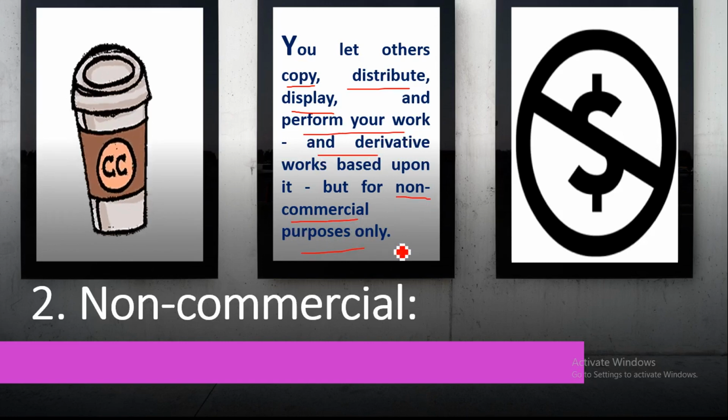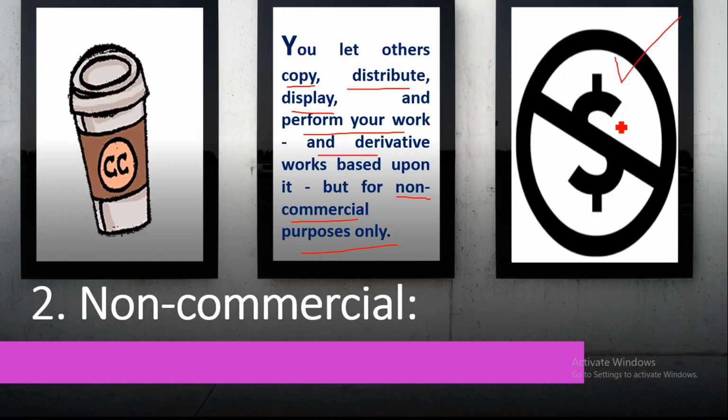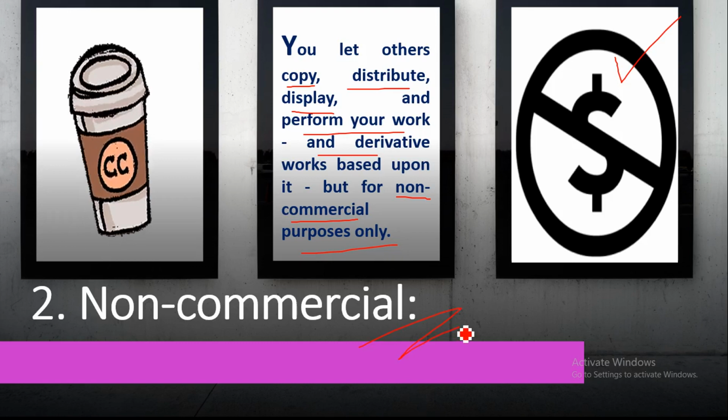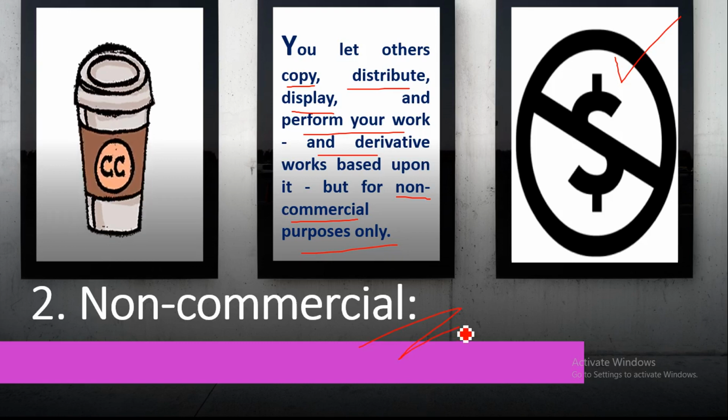If you are using my content for education purposes, that is fine, but if you are running coaching classes and getting money out of my content, that is not allowed. If you see a dollar sign with a slash over it, it means it falls under the non-commercial license category and you are not allowed to use my content for commercial purposes or monetary benefits.